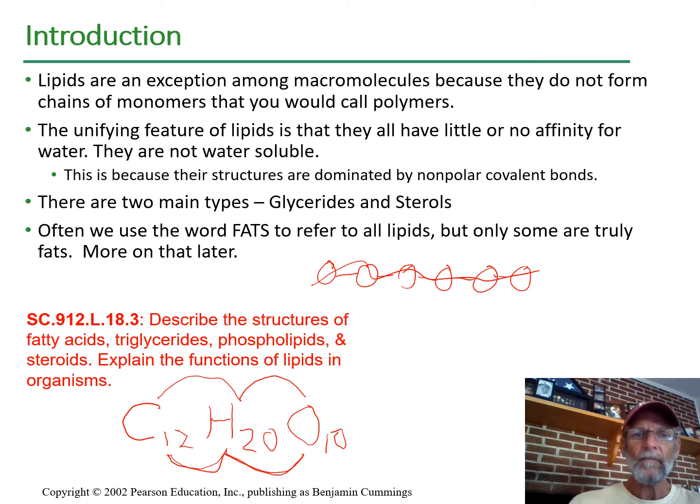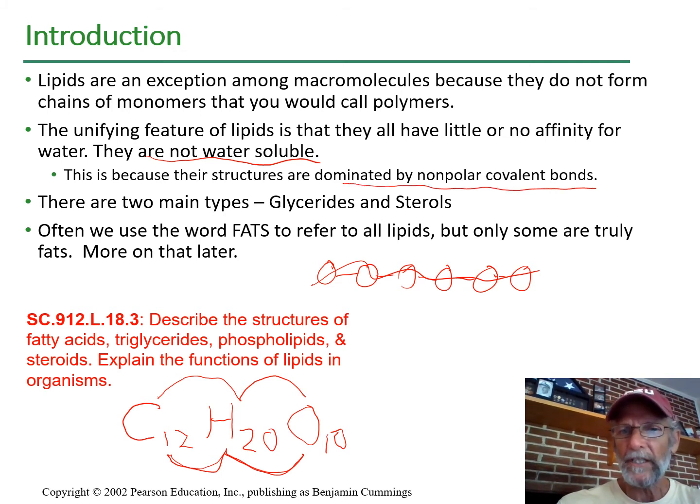Anyway, back to lipids. What makes them lipids? They're insoluble with water. What does that mean? Remember why water is good at dividing things? Because it's charged. What kind of things can it divide? Things that are charged. But lipids are basically uncharged kind of things because their atoms are put together mostly by covalent bonding that's not unequal sharing.